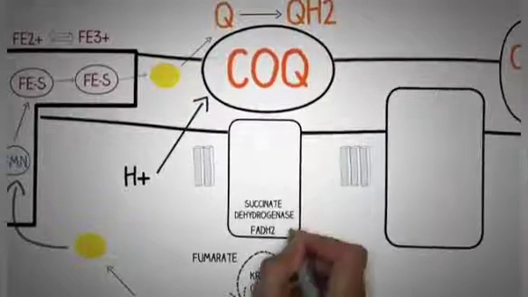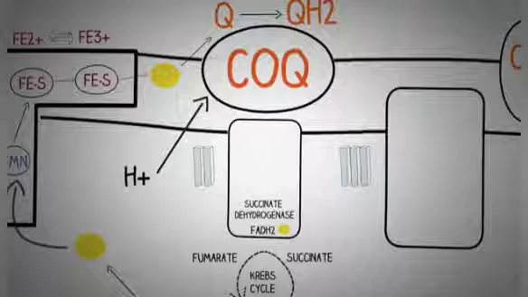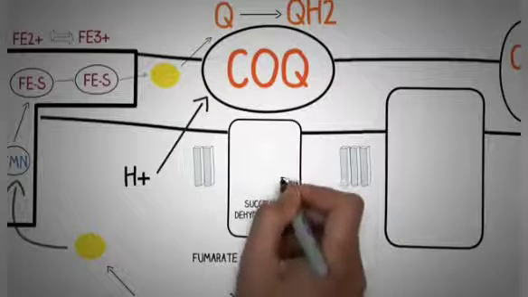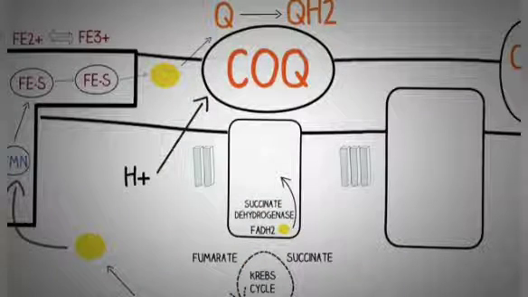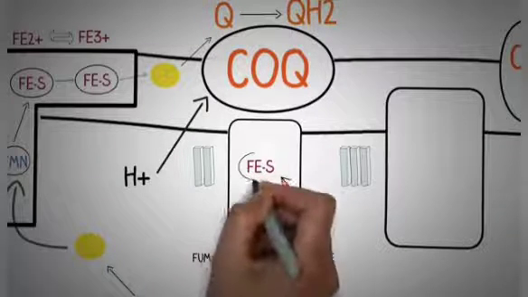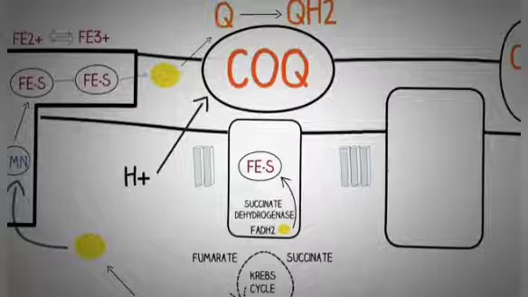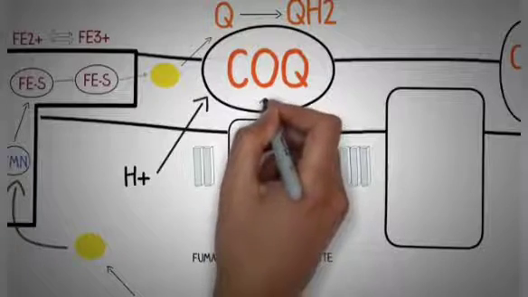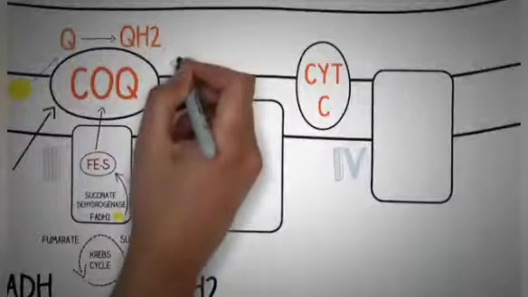The FADH2 stays inside the second complex and donates the electrons to the iron sulfur complexes of complex 2. The electrons are then transferred to the ubiquinol in a similar way as the electrons are transferred from the first complex.